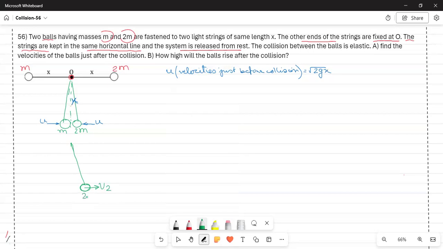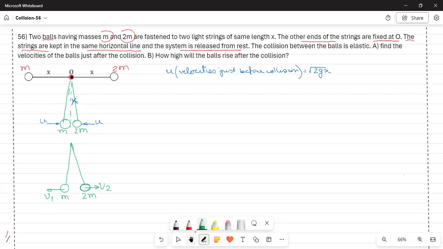This is mass 2m and this is mass m. This will move towards left. Say this is v1. This will happen immediately after the collision.